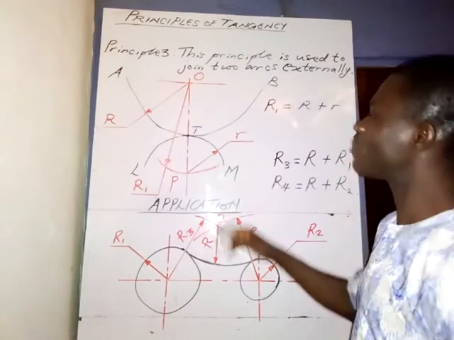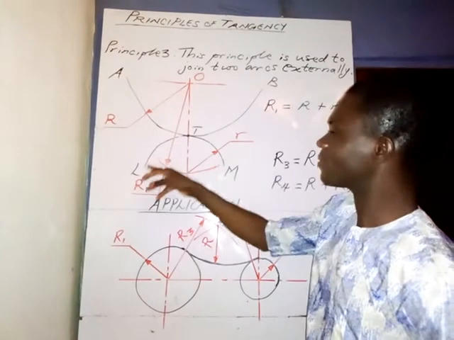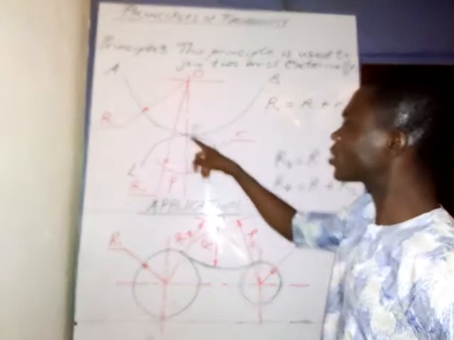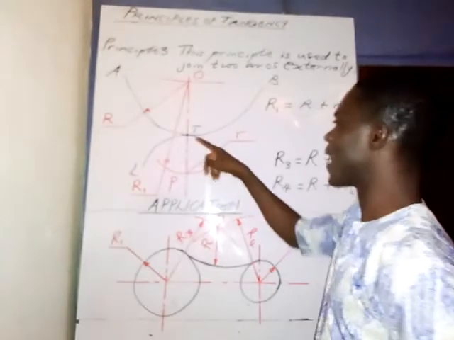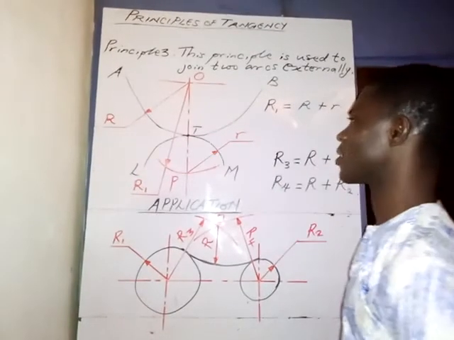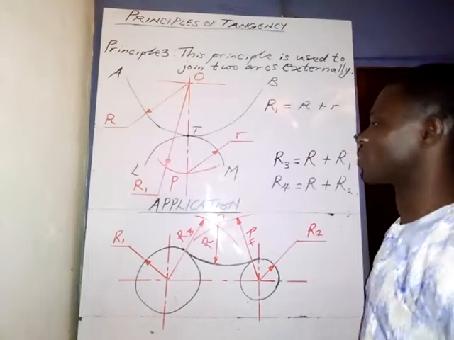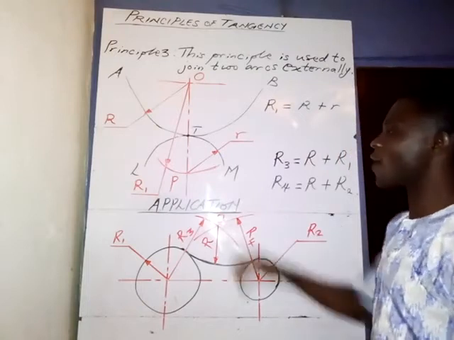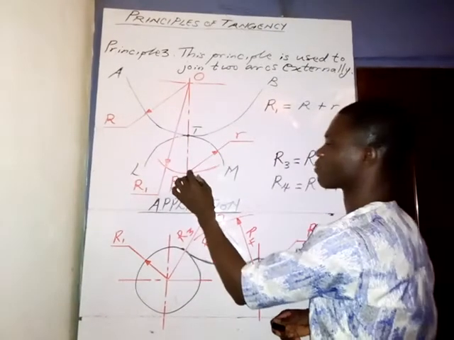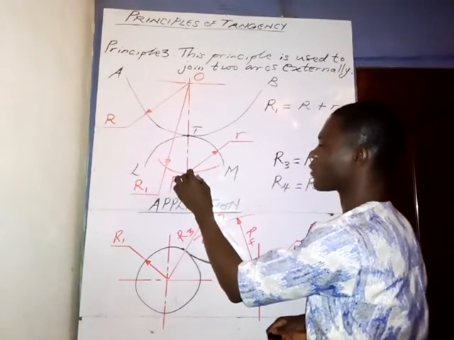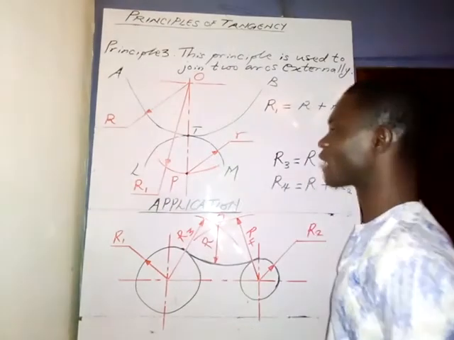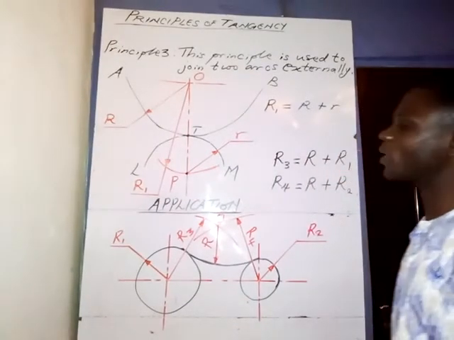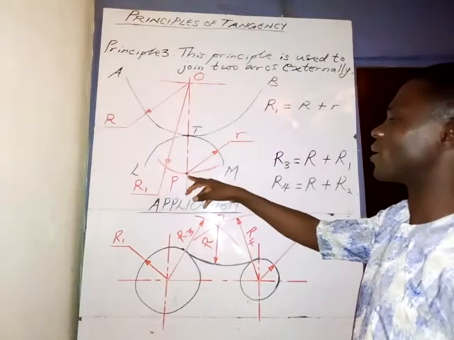For us to be able to draw arc LM to touch arc AB externally at this point, we need to locate this point Q. So how can we locate this point Q here?